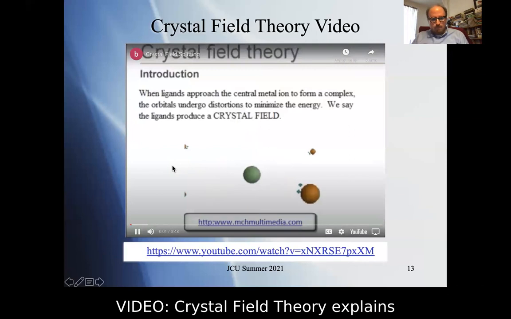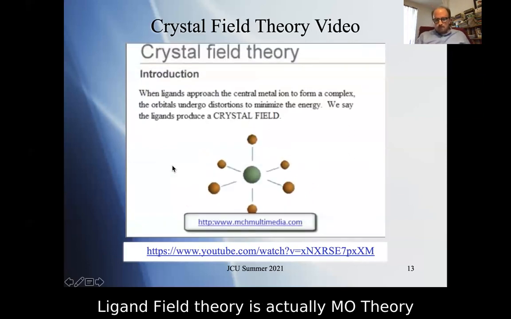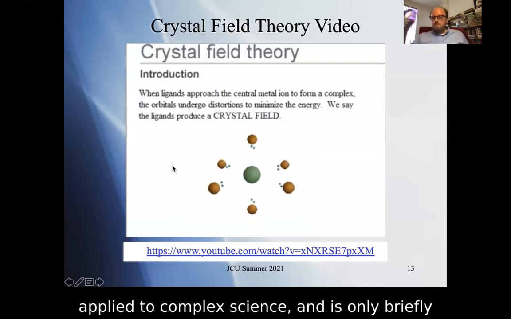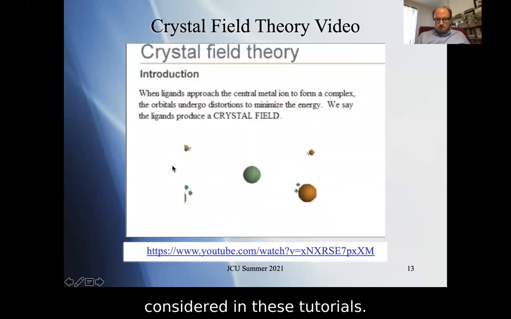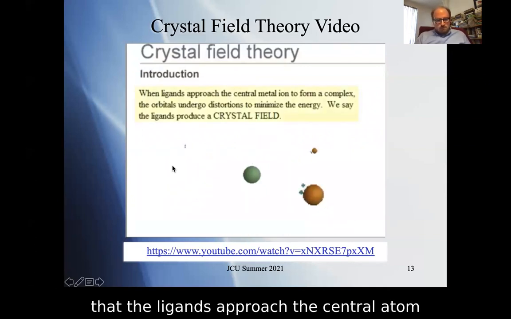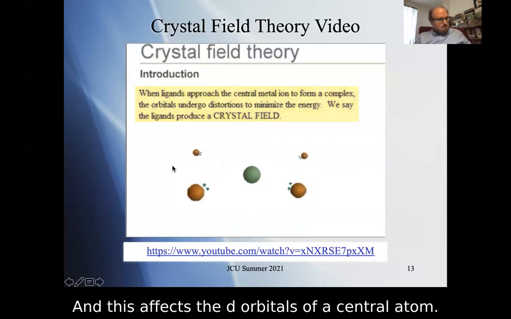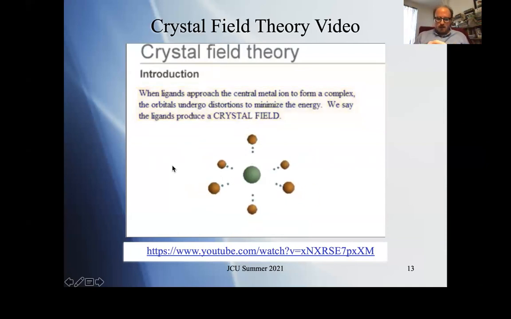Crystal field theory explains most of the properties of complex ion bonding. Ligand field theory is actually MO theory applied to complex ions and is only briefly considered in these tutorials. The idea of crystal field theory is that the ligands approach the central atom and create a local crystal-type field, and this affects the d orbitals of the central atom.